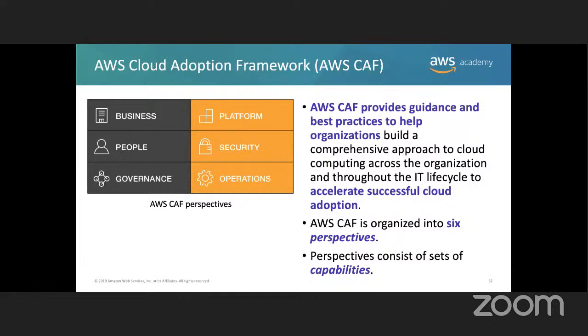Capabilities within each perspective are used to identify which areas of an organization require attention. By identifying gaps, prescriptive work streams can be created that support a successful cloud journey. Okay, so these are the perspectives.